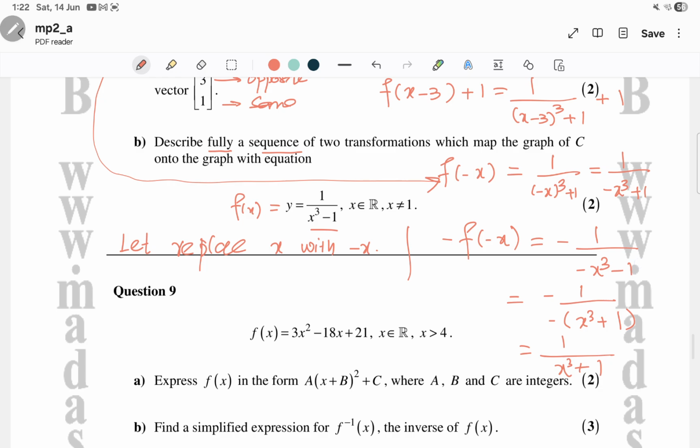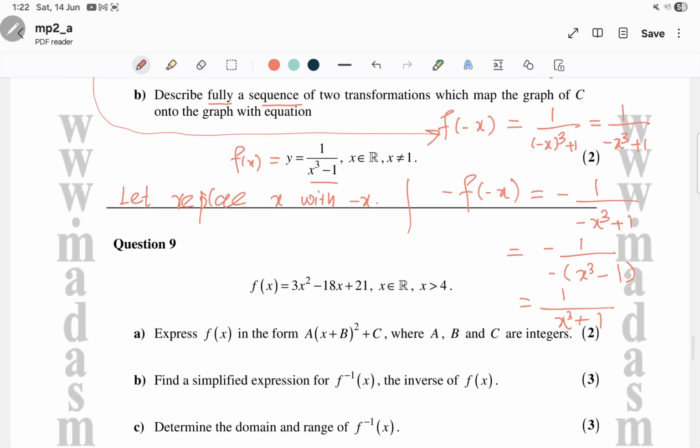Then if you times by minus 1 on both sides, you will have minus 1 over minus x cubed plus 1. When you take the negative outside, negative and negative cancel out, and this will be again negative, and you will end up with y equals 1 over x cubed minus 1.